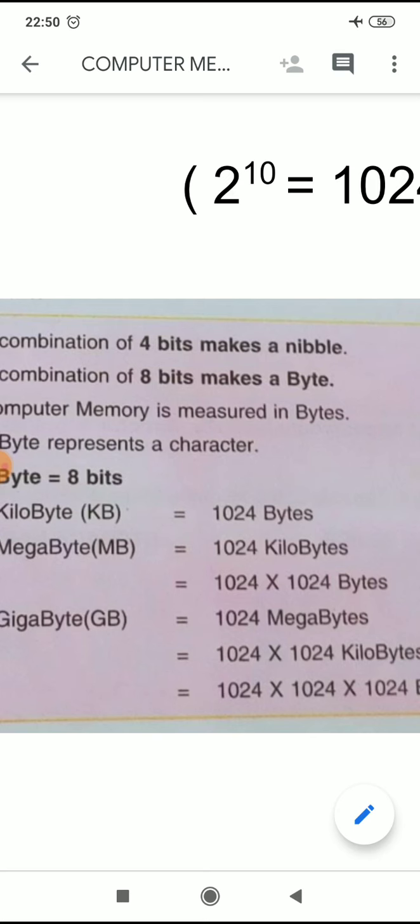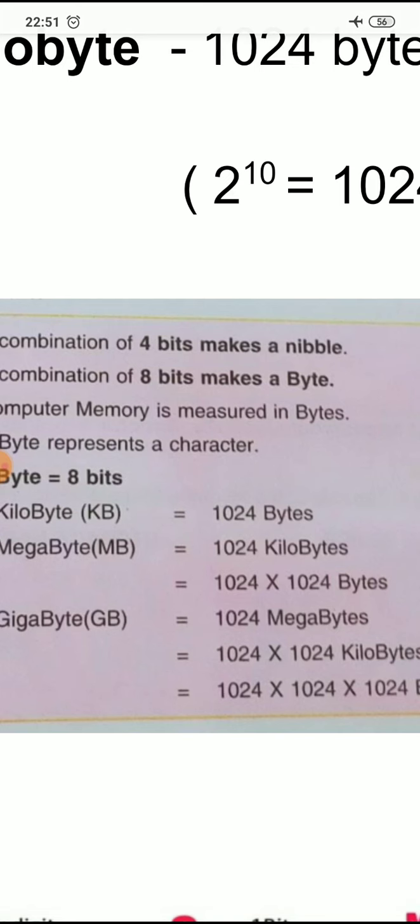Whenever we go to the market to purchase a pen drive, the shopkeeper asks how many GB pen drive, meaning the storing capacity of that pen drive. Depending upon the storage capacity of that pen drive, the cost is decided. Similarly, for other devices, cost is also decided on the basis of how much data, how much information it can store, how many GBs of data.